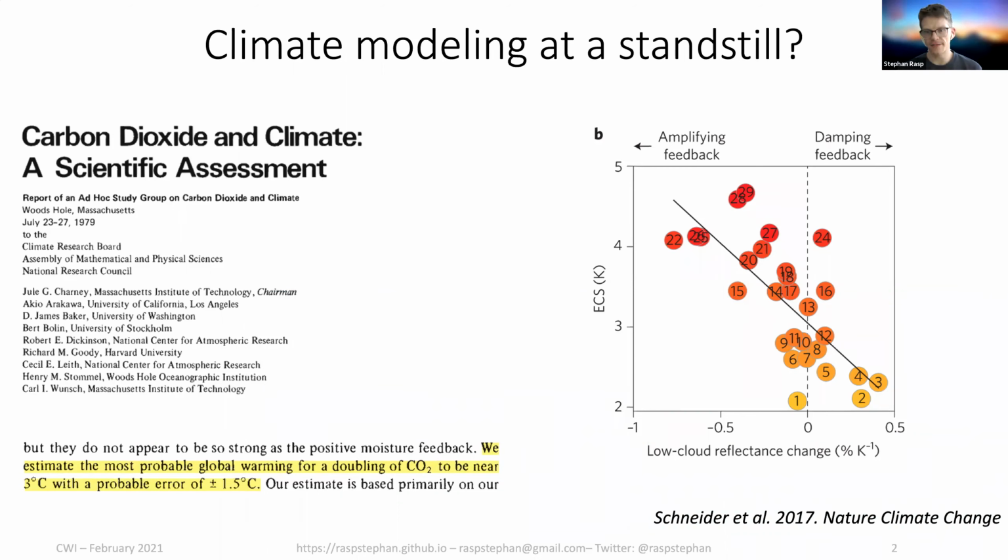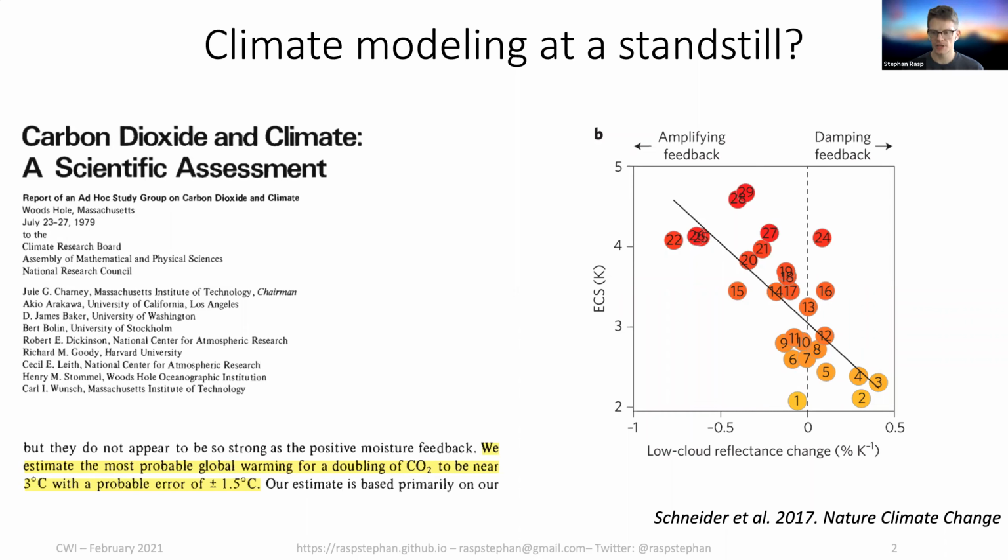So we don't have a ground truth of this value here. We don't actually know how much warmer it will get as we have more CO2 in the air, right? This is what we want to know. Basically you run these simulations where you increase CO2, you see how much warmer it gets, and the uncertainty is the spread of all the different models.